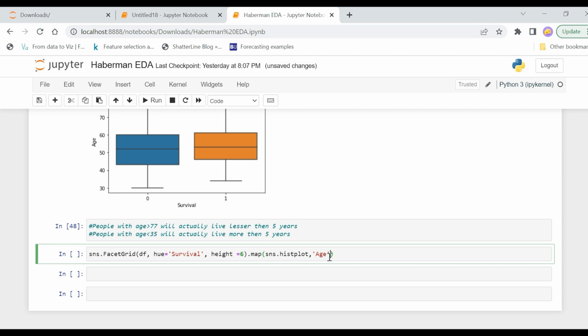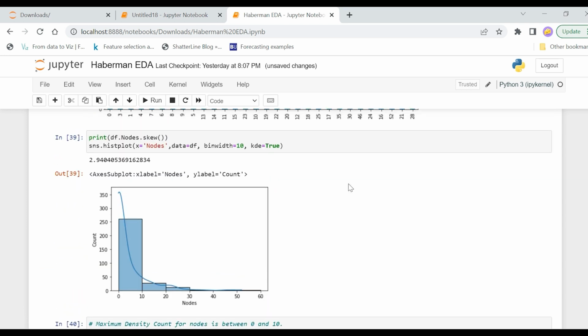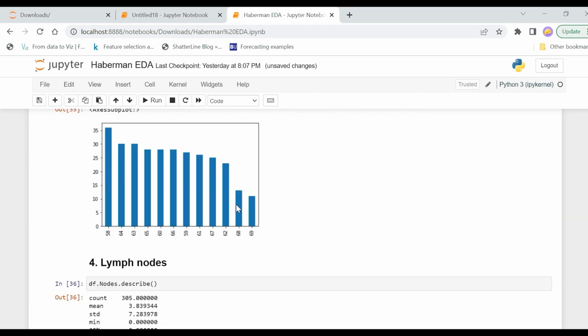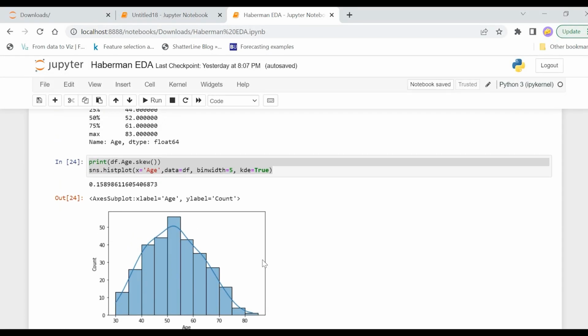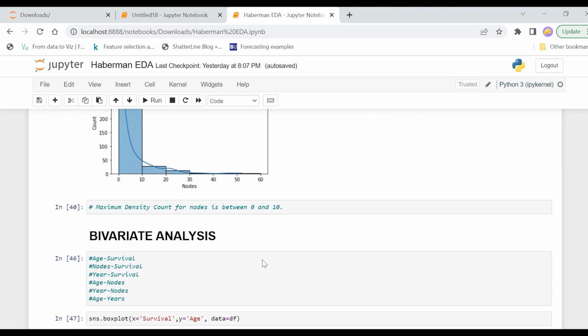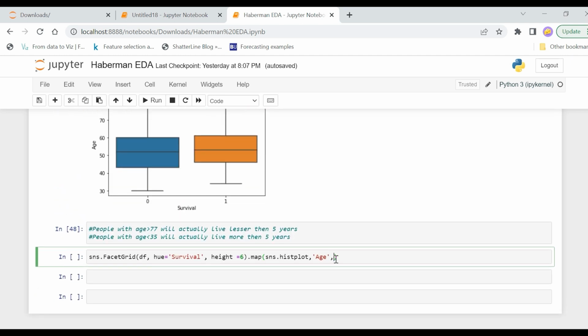Age, and for age I have taken bin width as 5 here also, so let me use bins 5. KDE is equal to true. KDE is the kernel density which it will show. And I also want to add the legend.